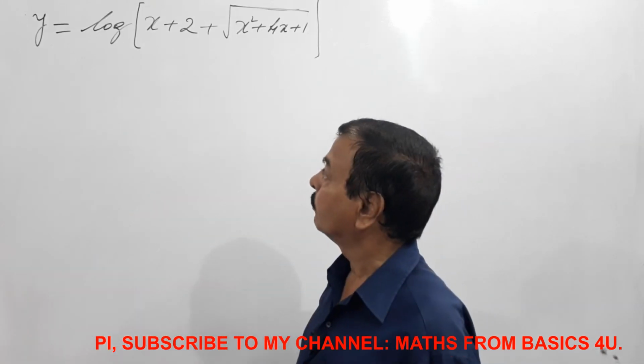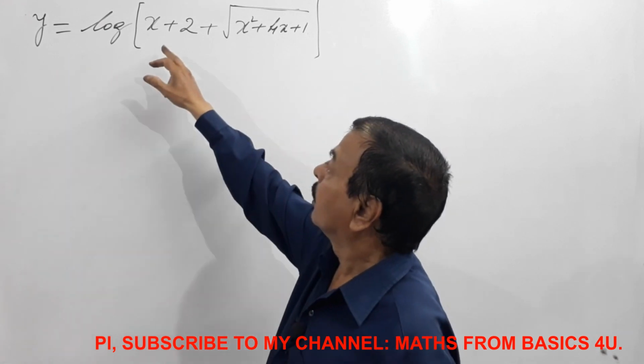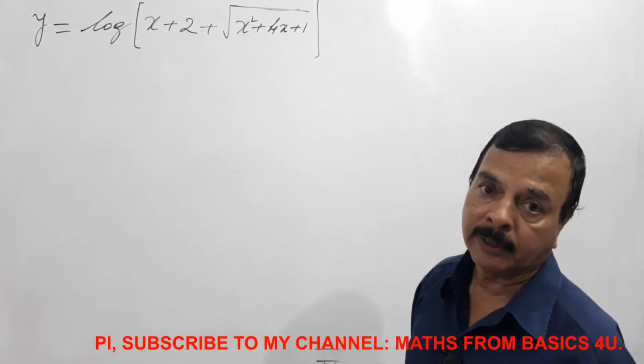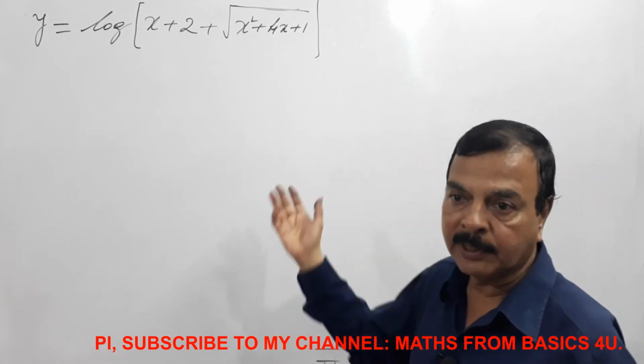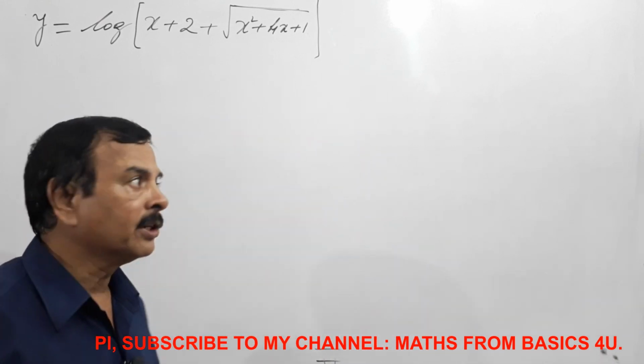So dear students, we have one more problem. y equals log of x plus 2 plus under the root x square plus 4x plus 1. It's also an easy problem. We'll see how to go about it. So we'll straight away differentiate this.